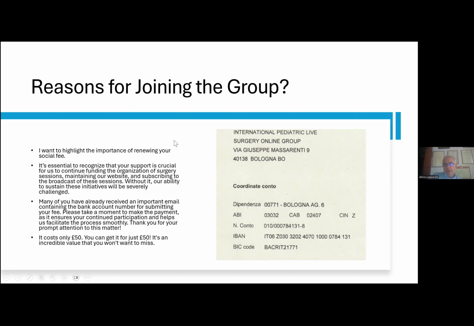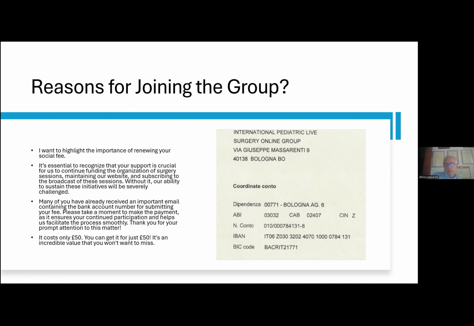As you know, like this morning, we have connection with many centers in all of Europe and all around Italy. Therefore, it's very important to sustain this initiative.